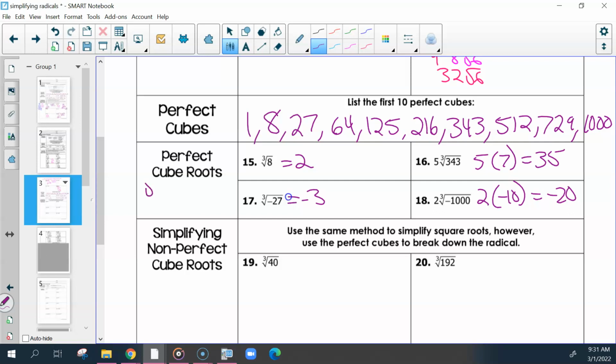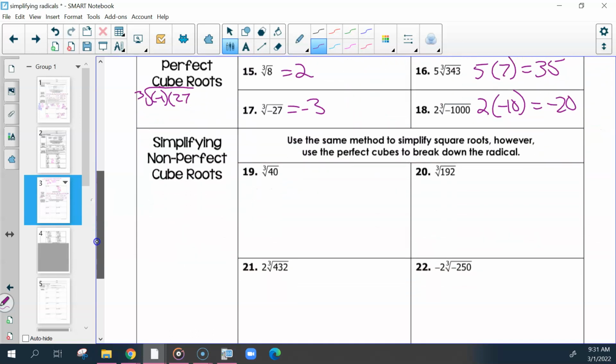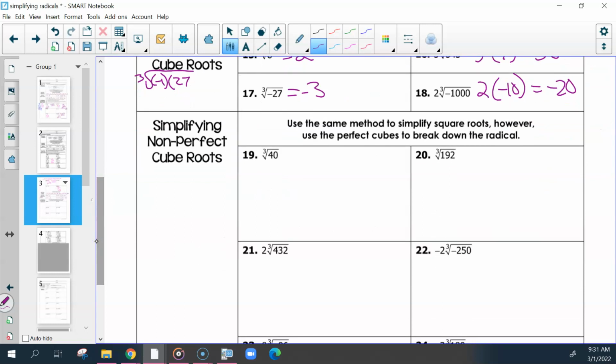I'm going to do this off to the side. Because what's really allowing that negative is the cube root of -1, because that's just -1. And then we have the cube root of 27, which is 3. So when we get our final answer, we get -3. So when we get negatives in the future, we're going to separate it out like this, but we'll cross that bridge when we do it.